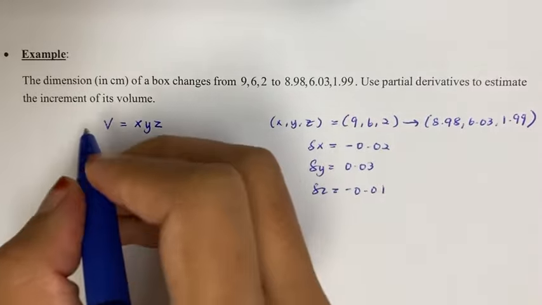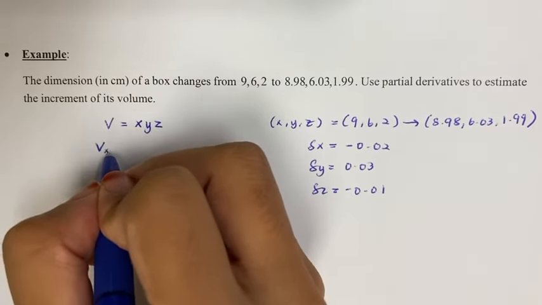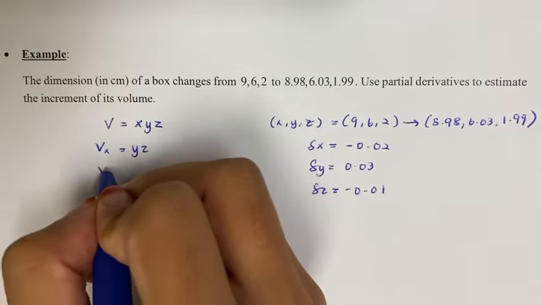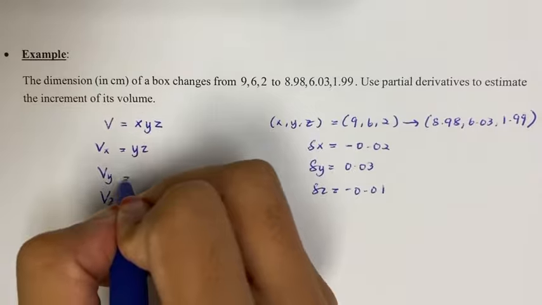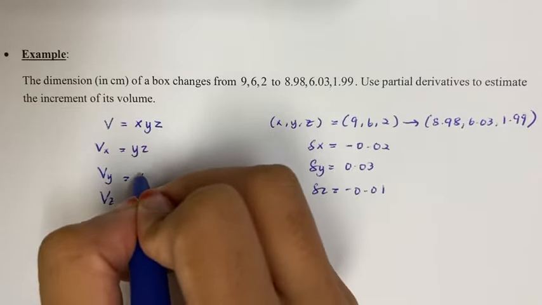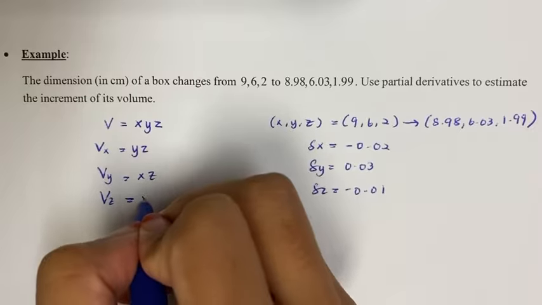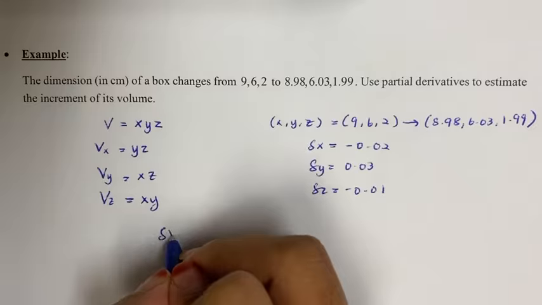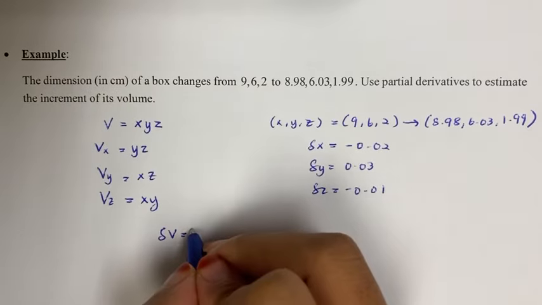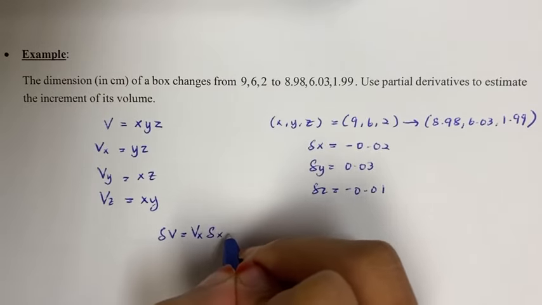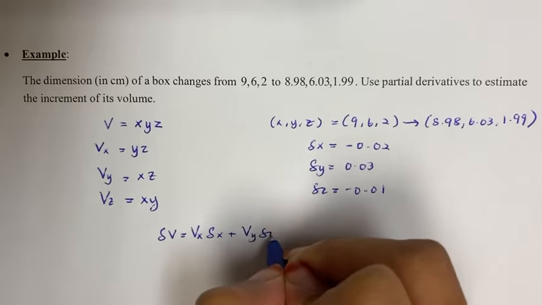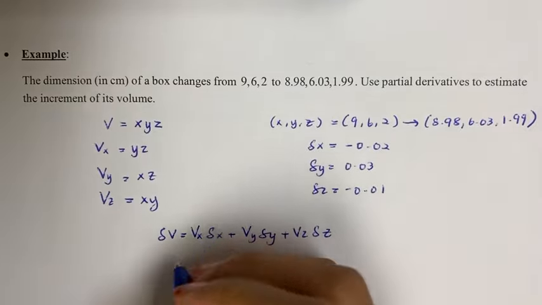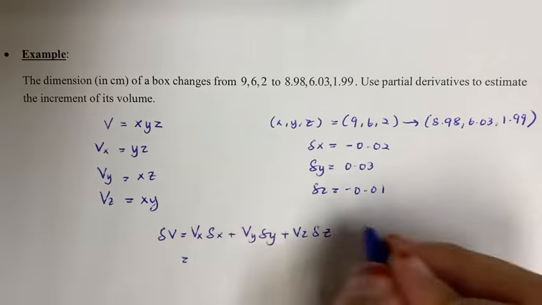Okay, you have delta x, y, z. Then find Vx, differentiating V with respect to x. It is yz. For Vy you have xz, and for Vz you have xy. To find delta V is equal to Vx delta x plus Vy delta y plus Vz delta z. Okay, substitute the values.